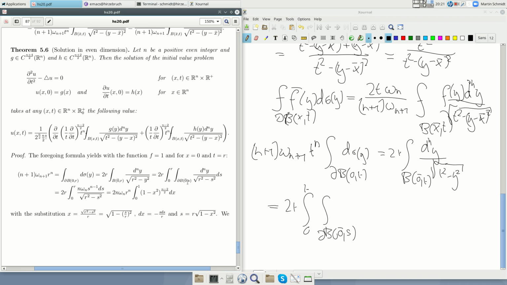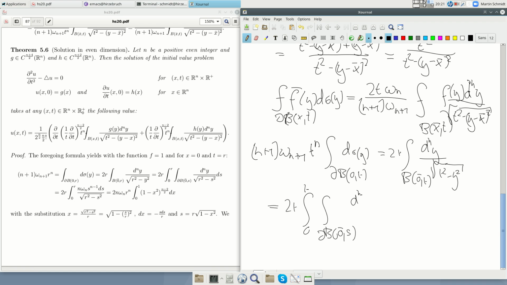This is this boundary times, sorry, it's not dy, but d sigma of y divided by square root of R square minus s square, because y square is then of course s square on this ball, and then we have ds.